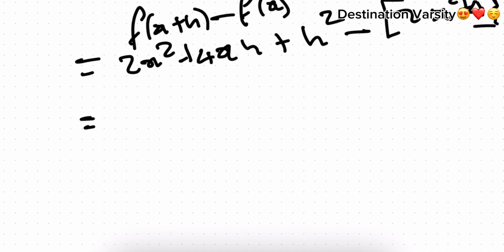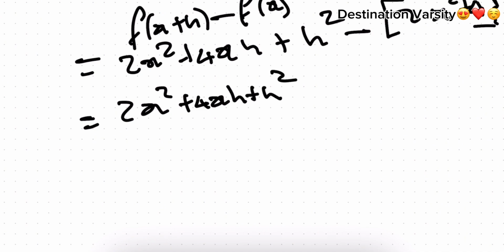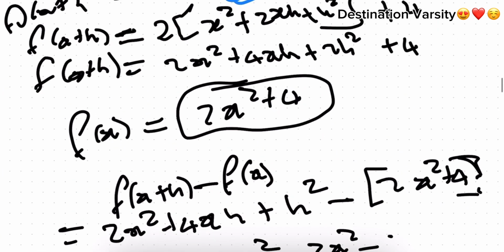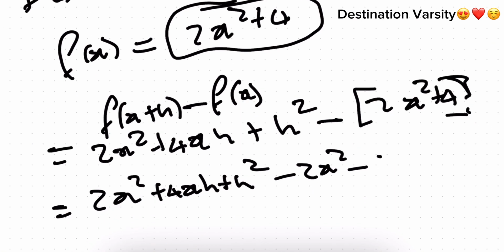That means now you have 2x squared plus 4xh plus h squared minus 2x squared minus... Oh, was there a plus 4 somewhere here? I think I missed the plus 4. Remember, f of x plus h had a plus 4 also here, right? This plus 4. Okay, I think I missed it. So it should be here. There should be a plus 4.